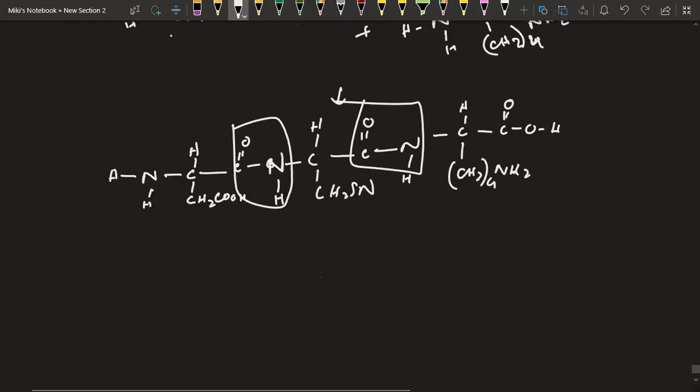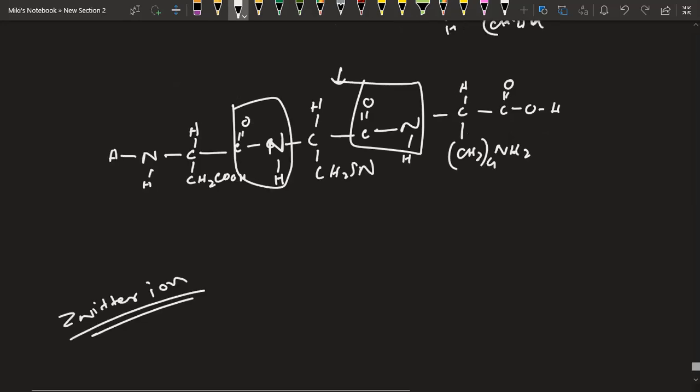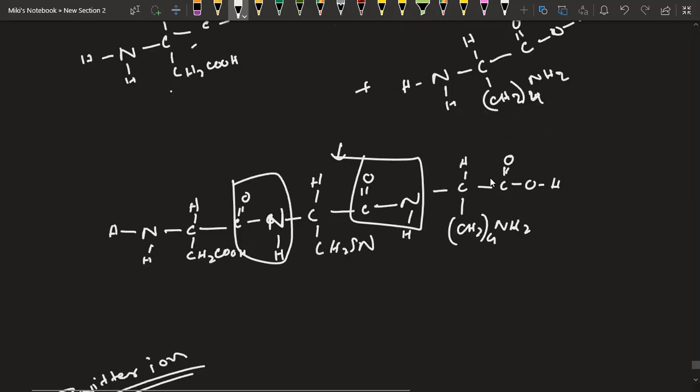Now the portion I mentioned we'll be studying is zwitterion. What is a zwitterion? Let me give you a hint from these structures. Here we have COOH, and here we have NH2. NH2 has a tendency to gain H plus, because it is basic.